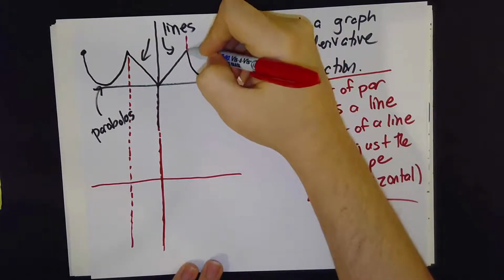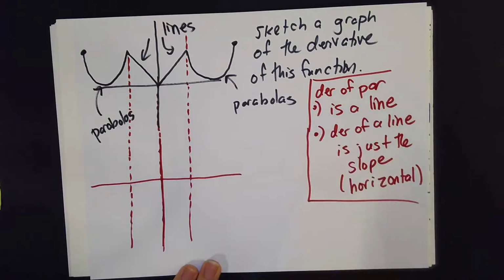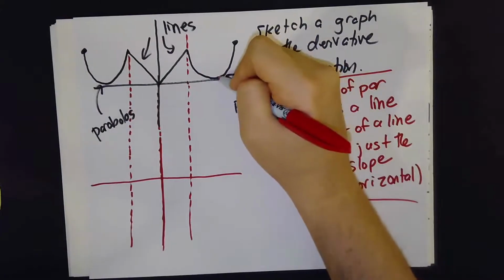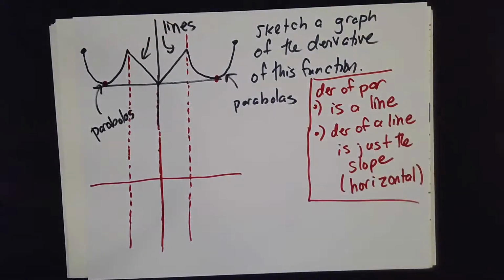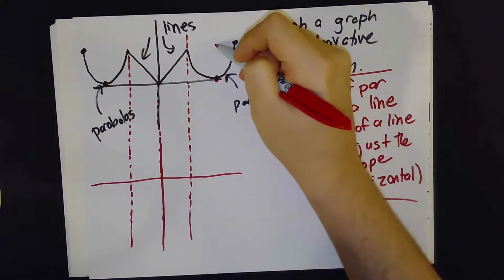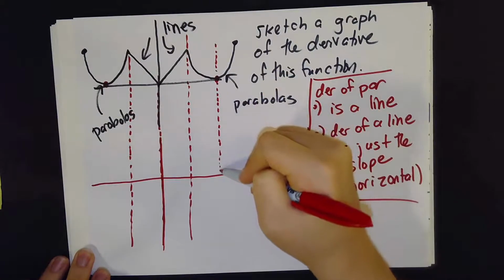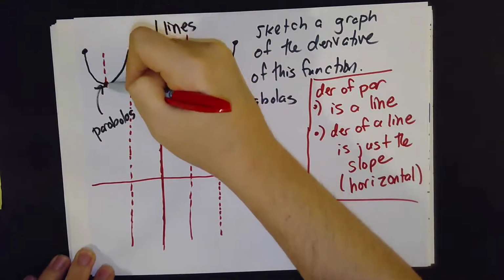And here it switches from a line back to a parabola. So I'm going to draw those. And I'm also going to identify any of these places where the tangent line is horizontal, these places that we would now call critical points. And I'm going to follow those down to the graph below.